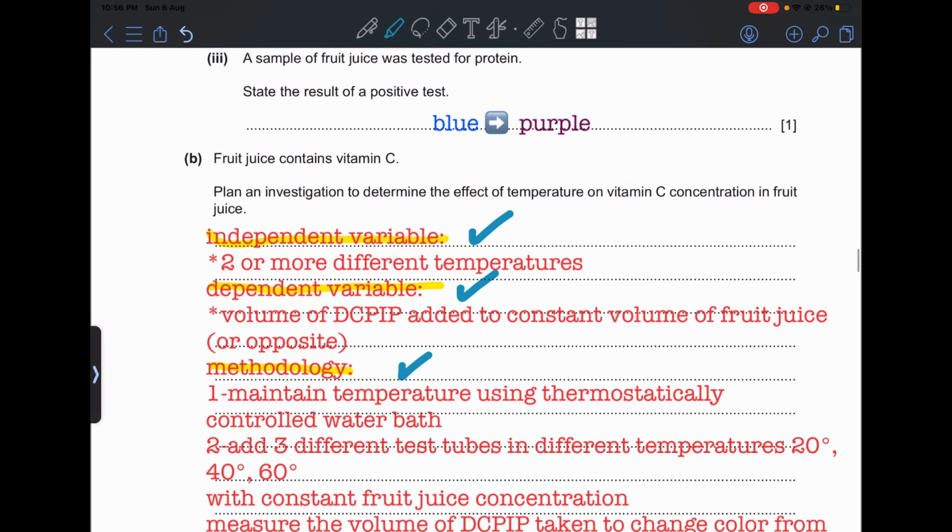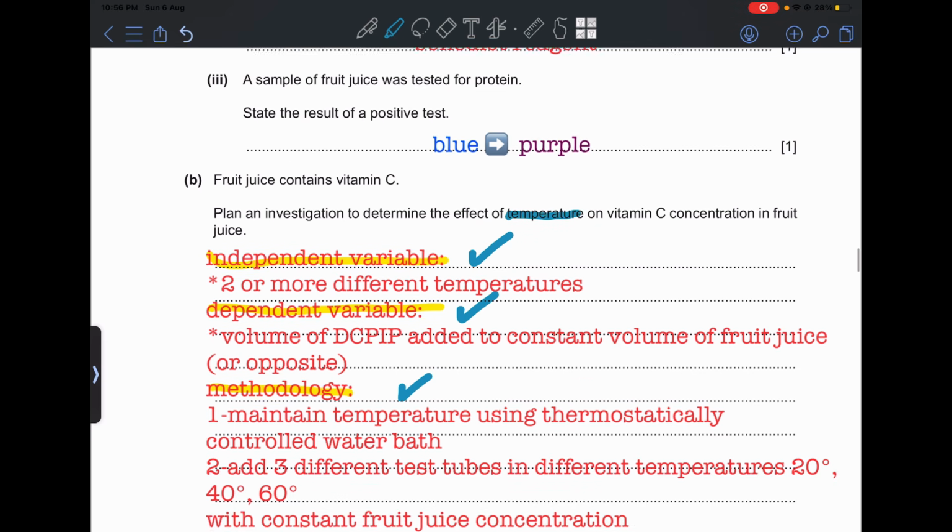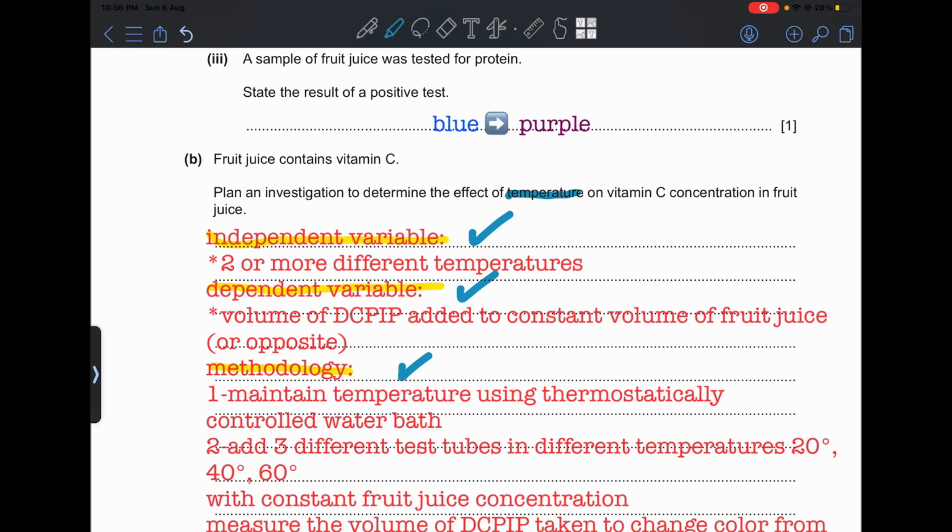So first of all, the independent variable for this experiment is using different temperatures, because they said the effect of temperature, which means this is the independent variable. The dependent variable is the volume of DCPIP added to a constant volume of fruit juice, or the opposite, which means I can say the volume of fruit juice added to a constant volume of DCPIP. So you can use either this or that.